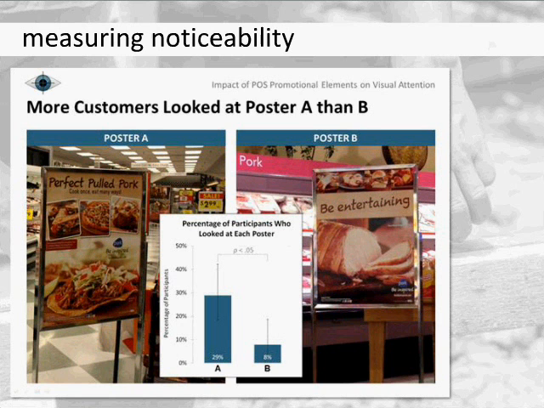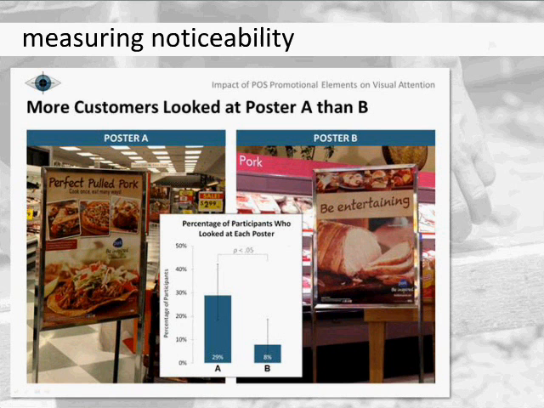This is a rather simple example, but I wanted to put it next to the other example about the average fixation duration, just because I want to show you that these measures don't have to be that complicated. And this is a measure of noticeability. The graph here shows the percentage of participants that looked at a poster. We had, in this case, 2 different versions of a poster for the same product.